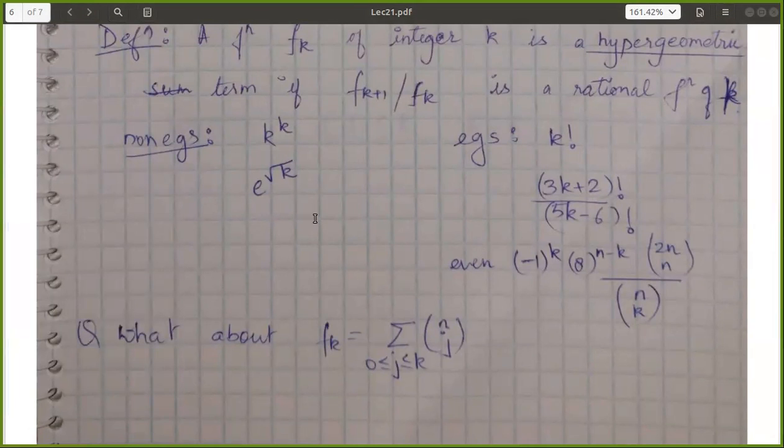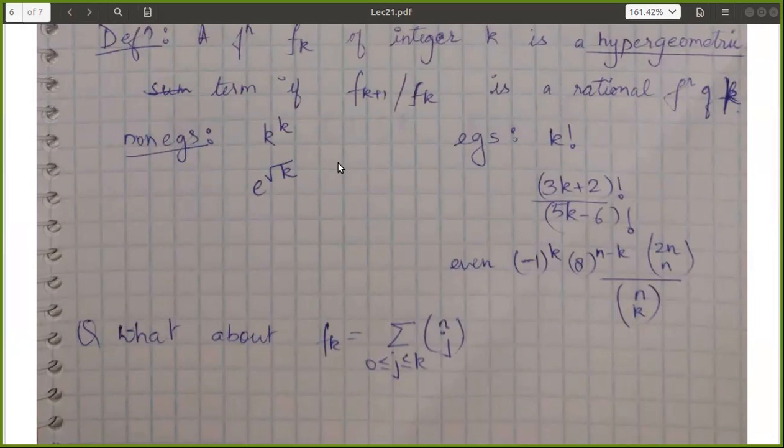You have to actually sit down and check. As of now, it does not reveal itself whether it is going to be a hypergeometric term or not, so neither side is obvious. We feel that this is going to be the case, but we'll have to actually sit down and work on this to see whether it is actually hypergeometric or not.